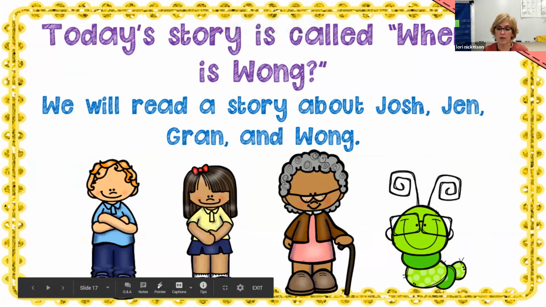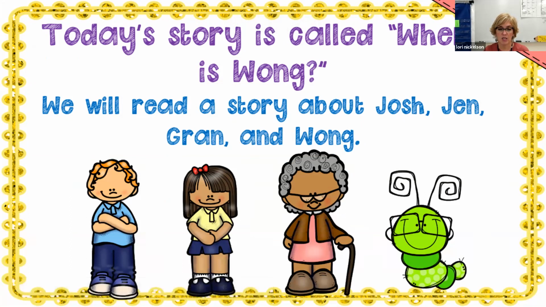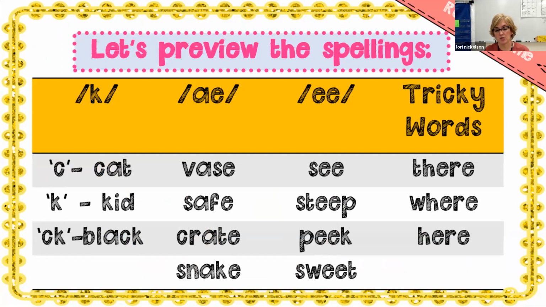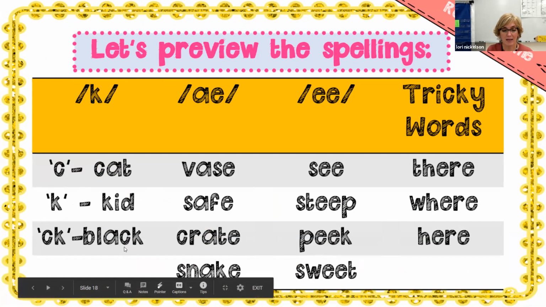We will read a story about Josh, Jen, Gran, and Wong. So let's preview some spellings that you're going to see. You're going to have the K sound. Remember, the K sound is used by the C as in cat, the K as in kid, and CK as in black.